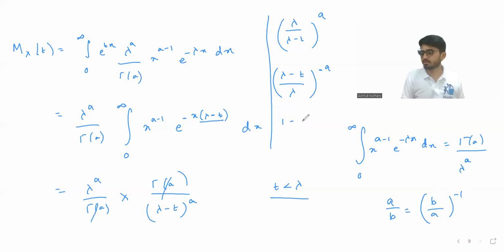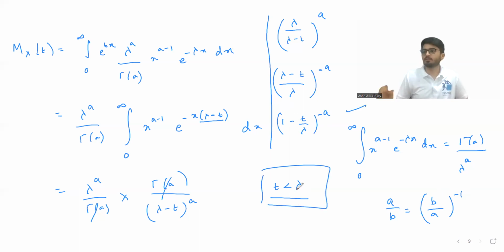And this can be further simplified to 1 minus t by lambda, to the power minus alpha. Do give the condition in the final step as well: this MGF shall only be valid when t takes a value less than lambda, else it will not make sense.